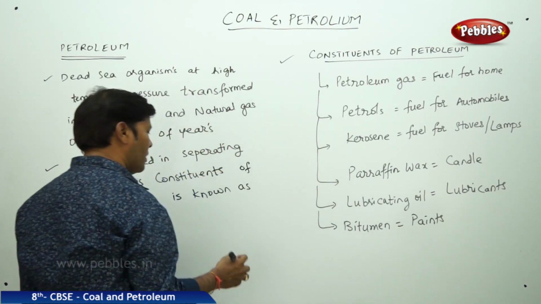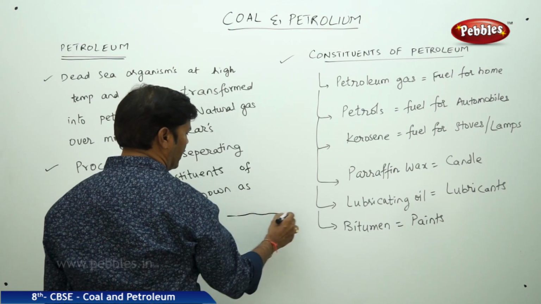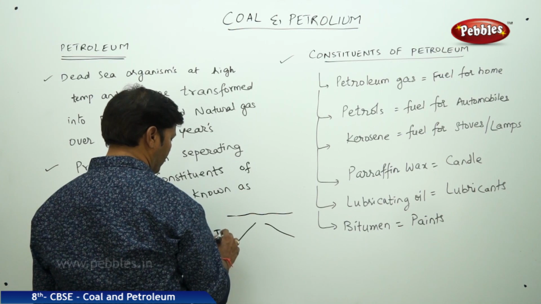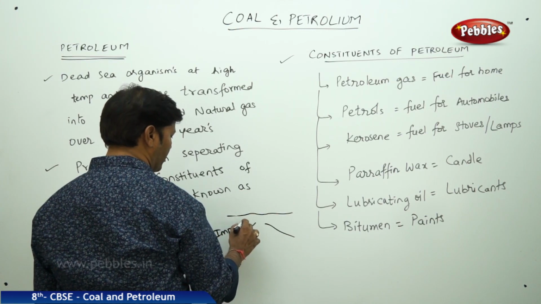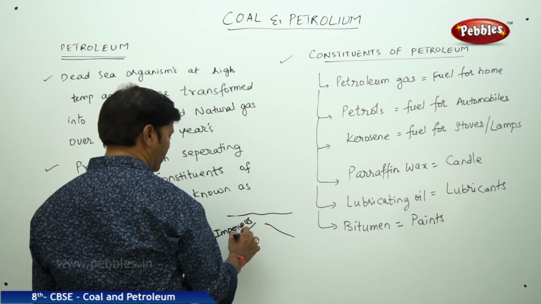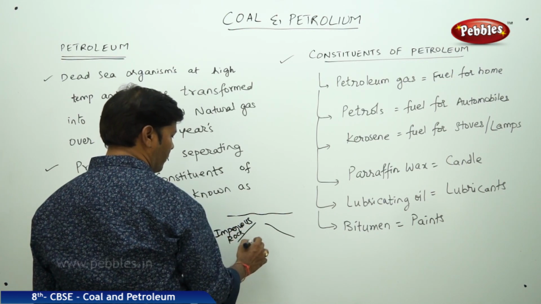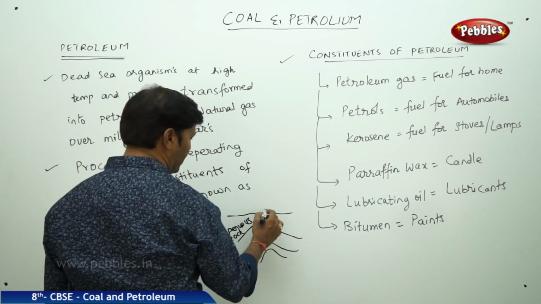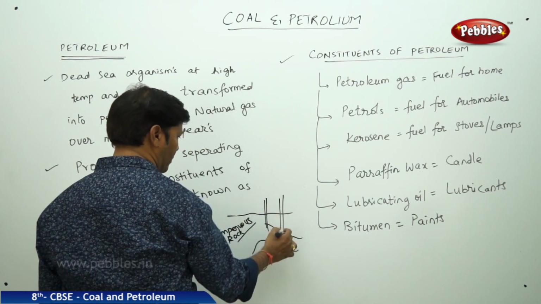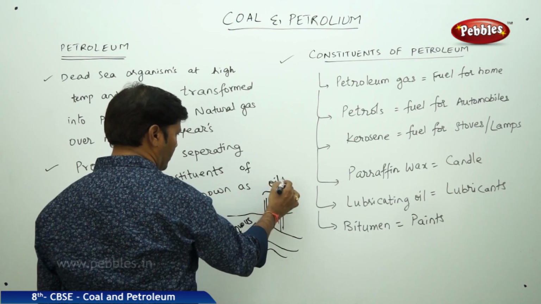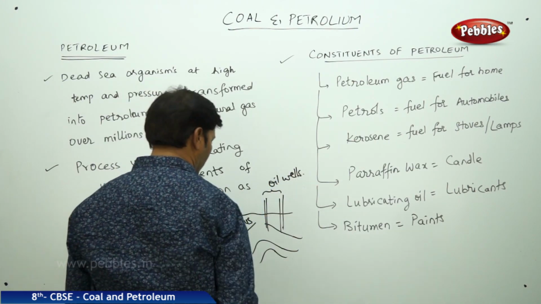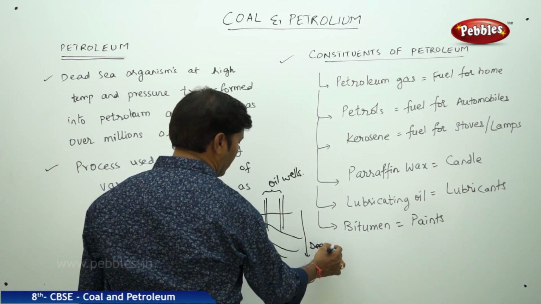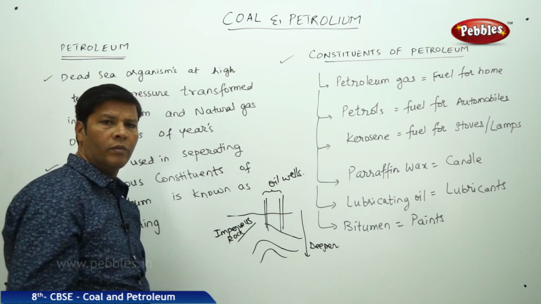If you take the surface of the earth like this, it is all impervious rock, wherein it has 3 layers like this, and these are the oil wells, a few kilometers deep, in the deeper zone from the surface of the earth.